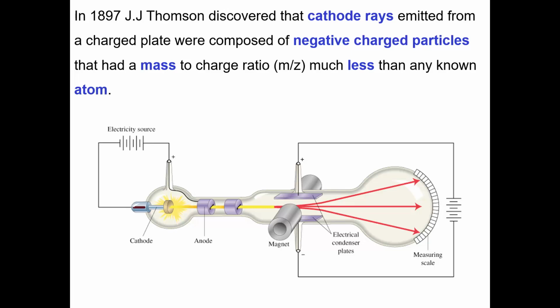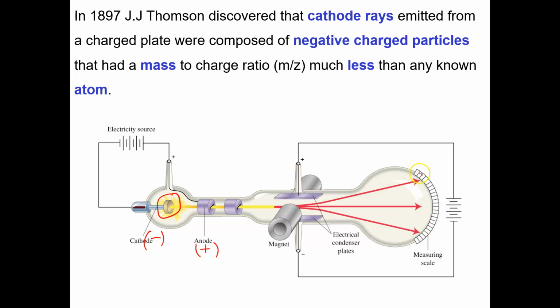So we call this a vacuum tube. At one end of the tube, you have a plate that is connected to the negative terminal of a battery. Adjacent to that, you have another electrode that is made positive, but that electrode has a slot in it so particles can pass through it.